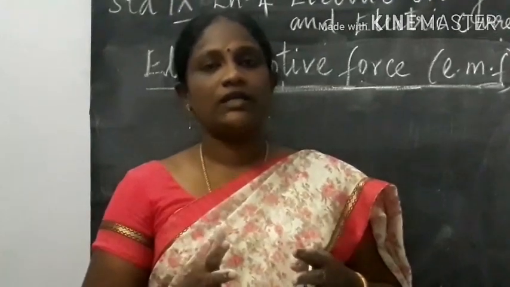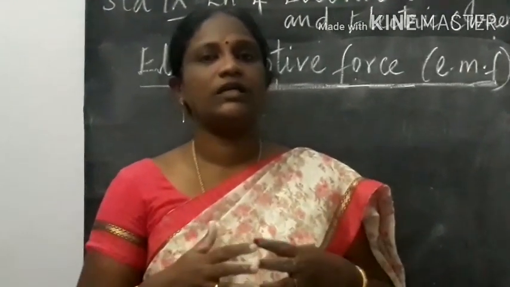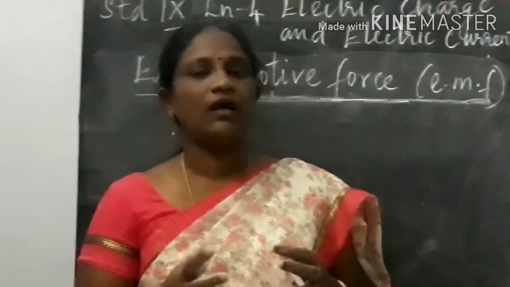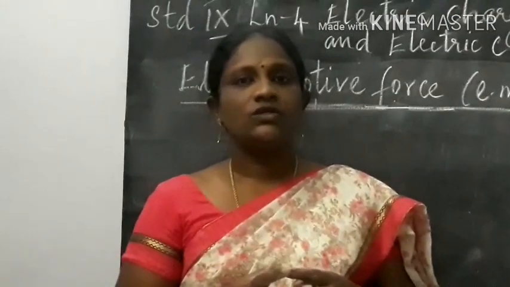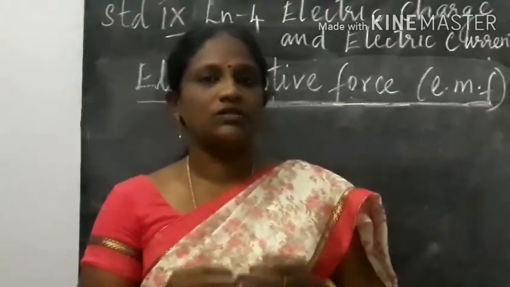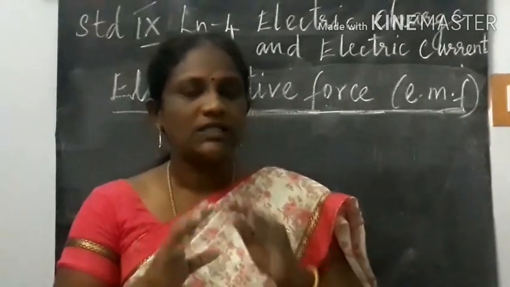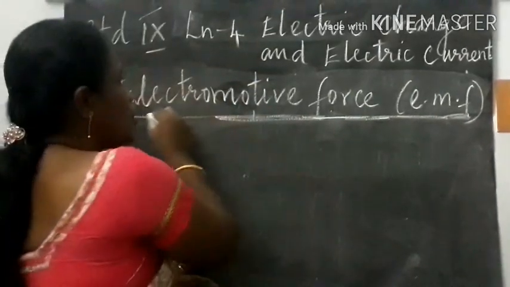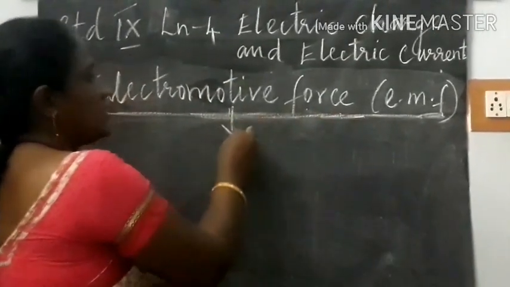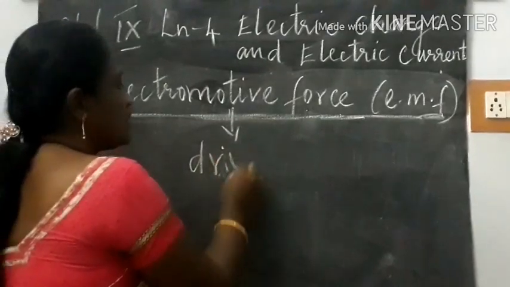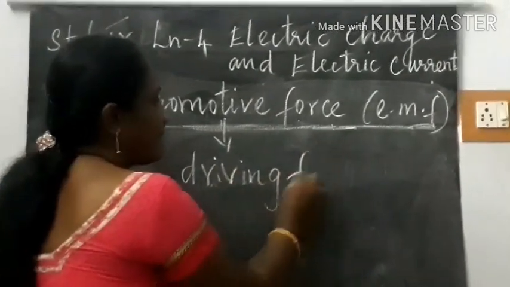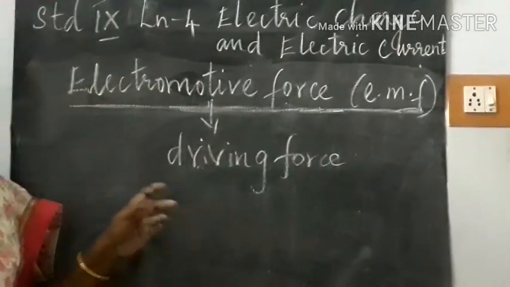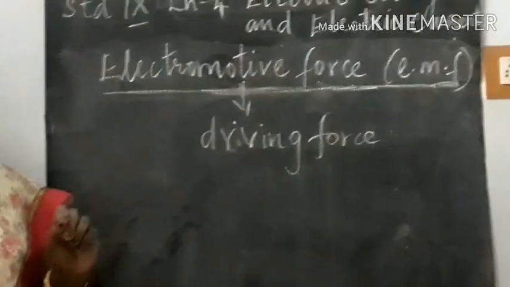So these free electrons, when connected in a circuit, should be forced to move in a particular direction. So who is doing this work? Whenever there is a force, some work is done, and that is called the electromotive force. That is, some driving force is there in the circuit to make the electrons move in the circuit.